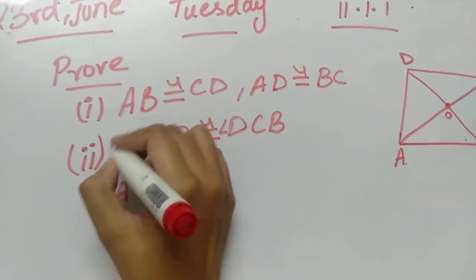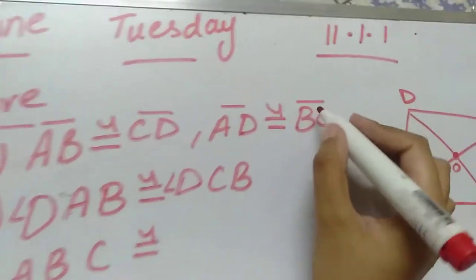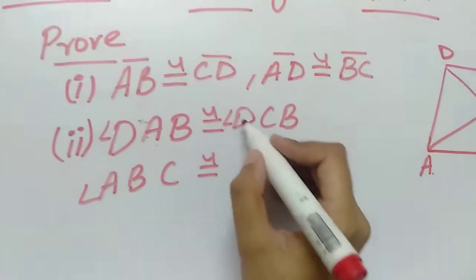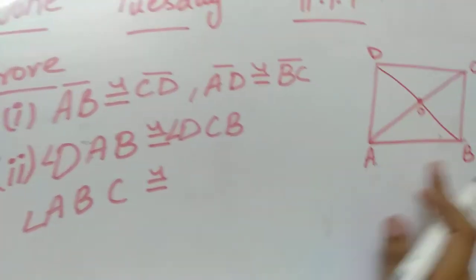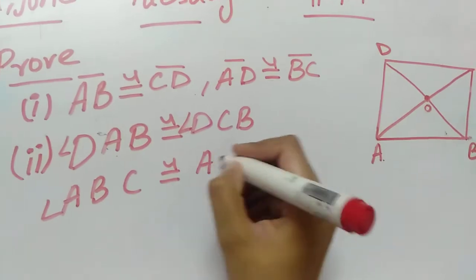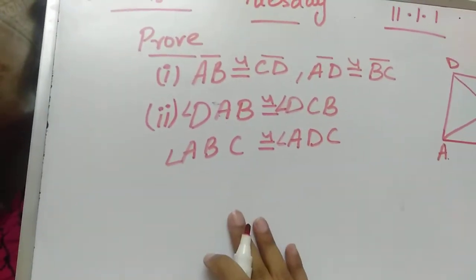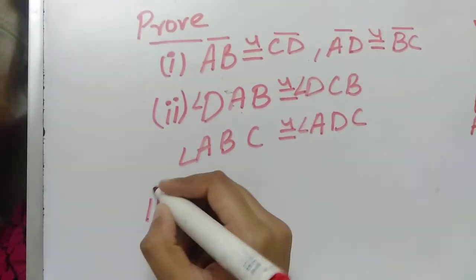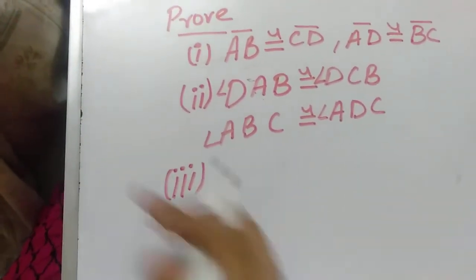We will write the symbol of angle, and we will write this. This symbol is for the side and this is the symbol for the angle. Now angle ABC is congruent to angle ADC. These points we have to prove. At the third point we have to prove that the diagonals bisect each other.